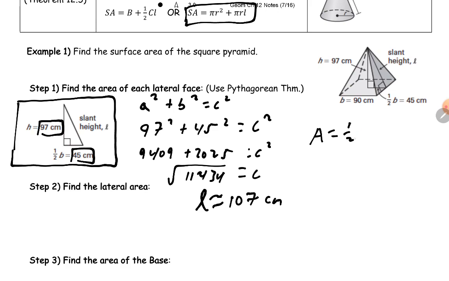Area of a triangle is 1/2 the base of the triangle times the slant height, or the height of the triangle. So 1/2 B, which is 90, times our newly discovered slant height, which is 107, which is about 4,815 square centimeters.